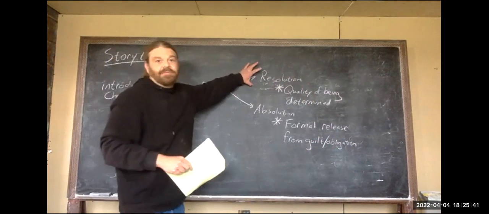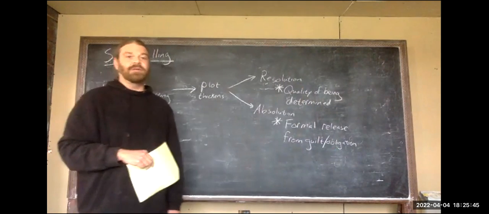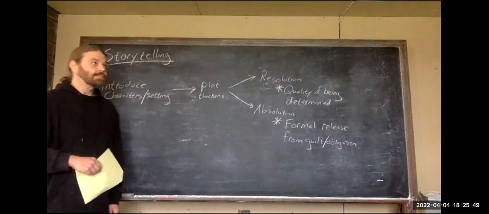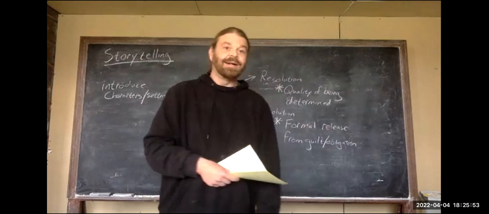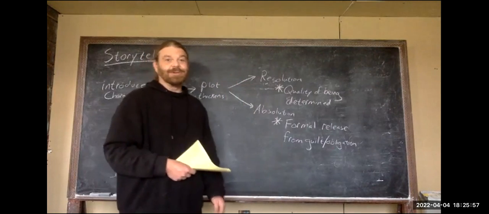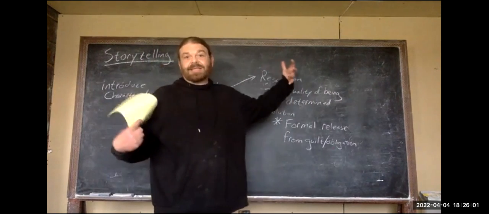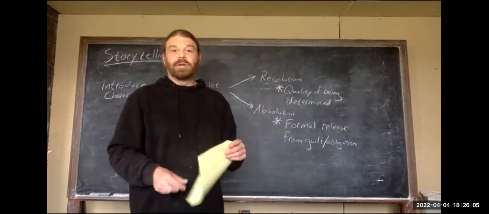Resolution is where we have that nice end of the story. It can't go any further, right? Like at the end of the original Star Wars movie, well, number 4, the first Star Wars to come out, everything was resolved at the end when the Death Star exploded, because that was what the story was about.